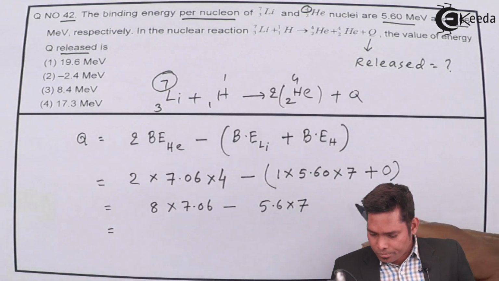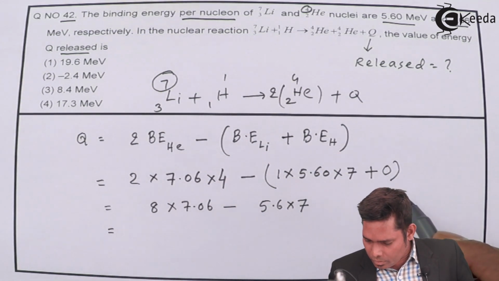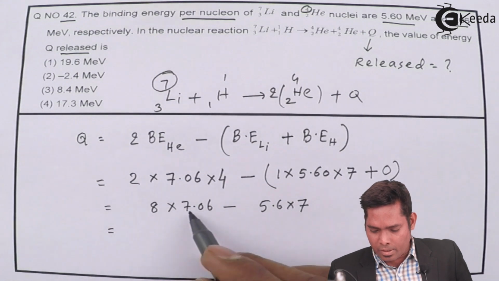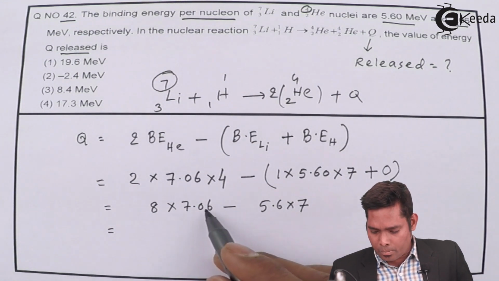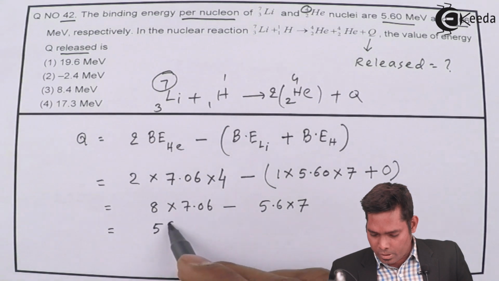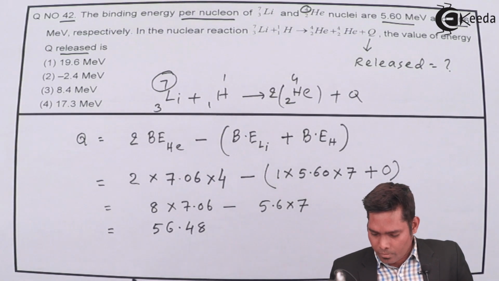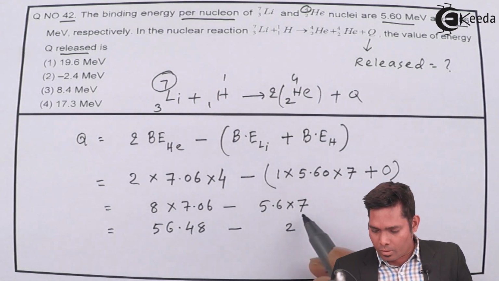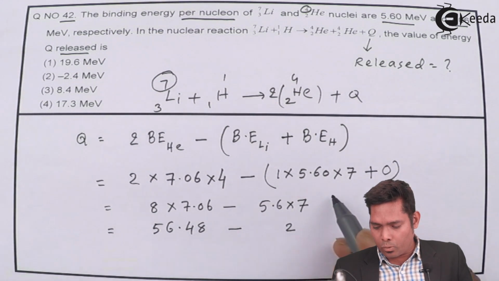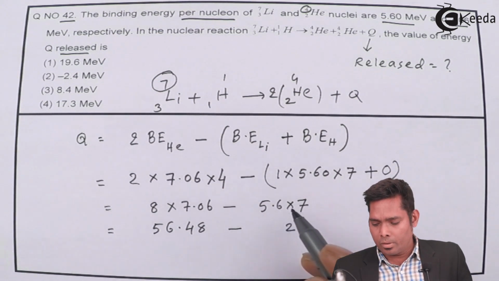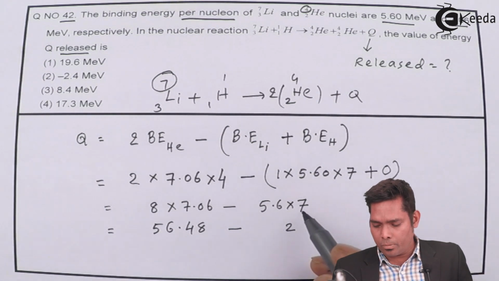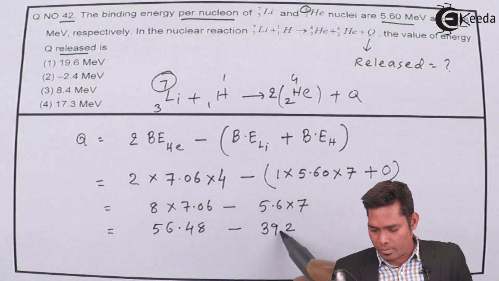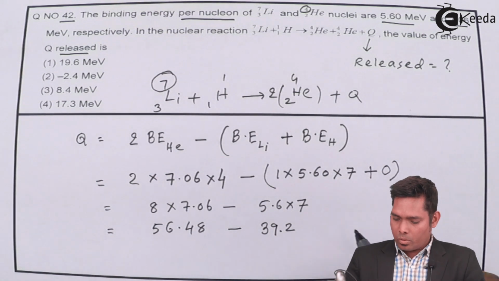This comes out to be 56.48, since 8 times 7.06 is 56.48. Minus this: 5.6 times 7 is 39.2.